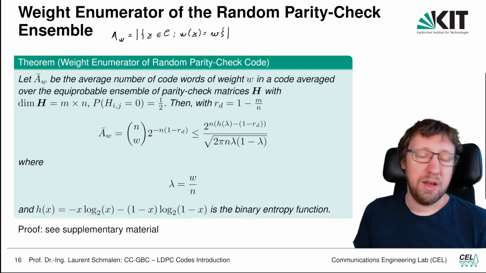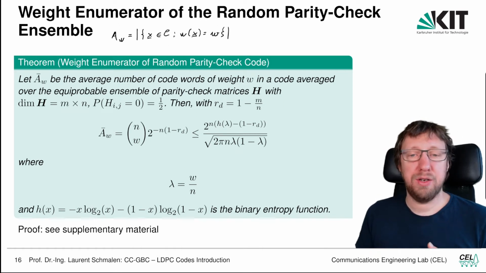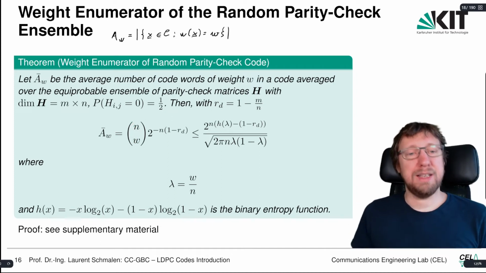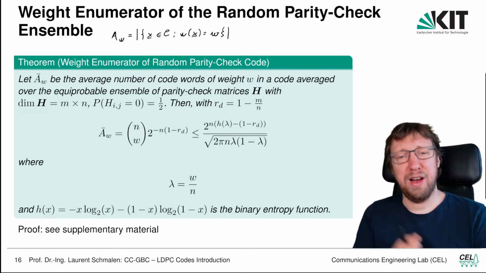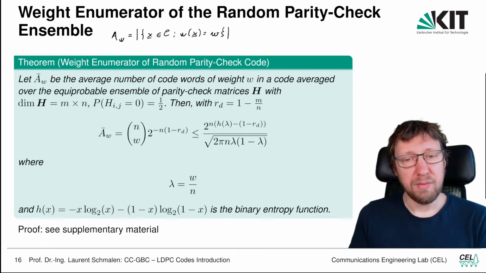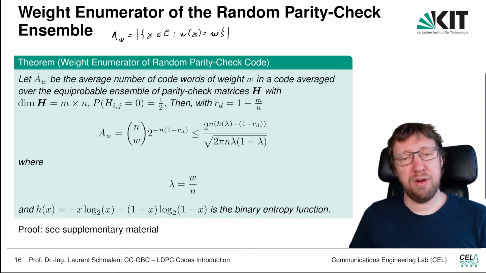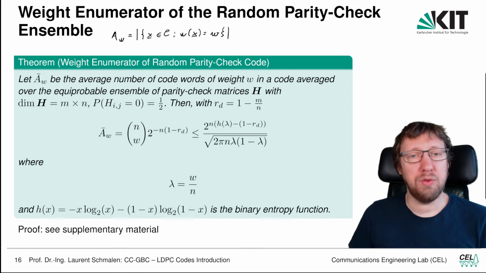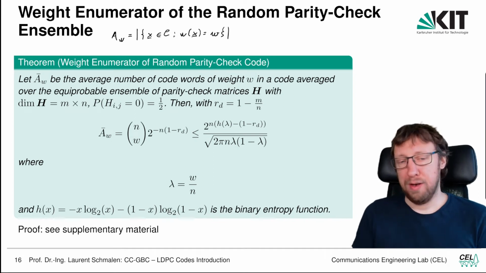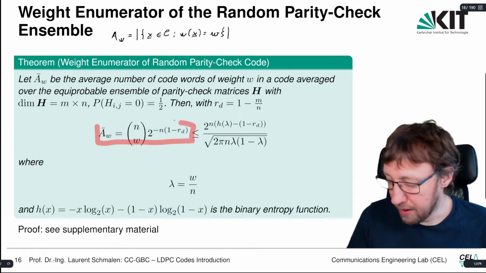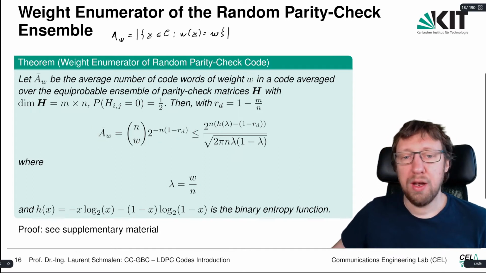It's just applying the Stirling approximation to the factorials inside the binomial coefficients, simplifying and manipulating a lot, and that's not too insightful. So I put this in the supplementary material. If you are interested, you're welcome to check it. It certainly doesn't hurt, but it's not something that is relevant for the course. But let's take a look at this part and how we can show it.